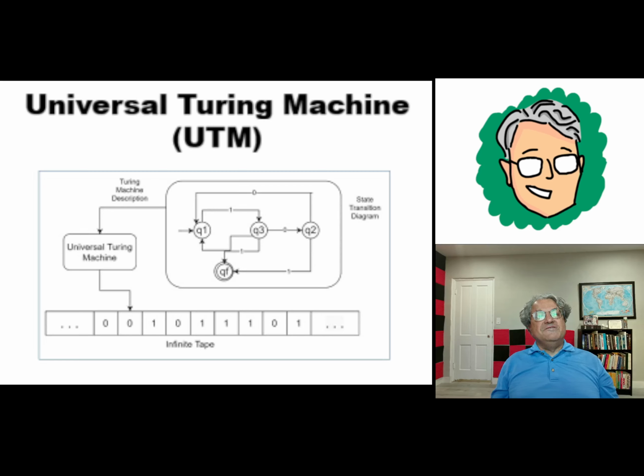That's the thing you're feeding into this universal Turing machine. And then the universal Turing machine will simulate this other Turing machine. It's saying, given this input, just do what this Turing machine is telling you to do, because it already has these states in it. It's just doing whatever that Turing machine's telling you to do.